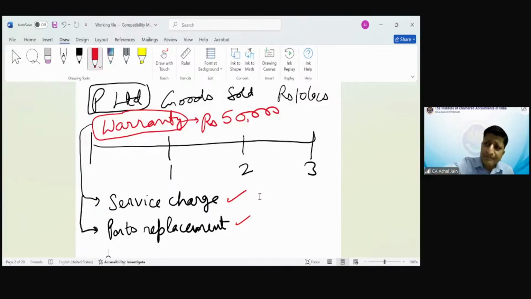Yes, you are correct. The moment we bring in any sort of judgment, or to be very precise, whenever any estimates are involved, definitely manipulation is possible.